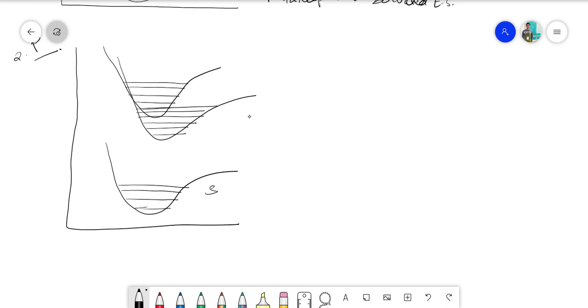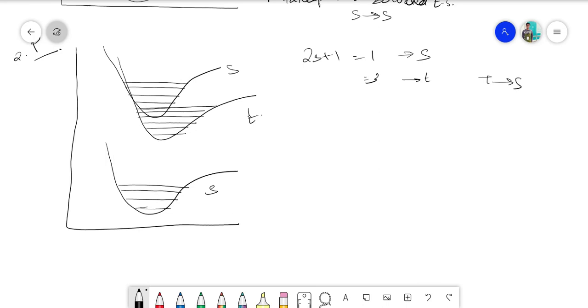This is singlet, this is triplet. And what do we mean by singlet and triplet? 2S plus 1: when it equals 1 it is singlet, when it equals 3 it is triplet. Okay. So in fluorescence, singlet; in phosphorescence, triplet.